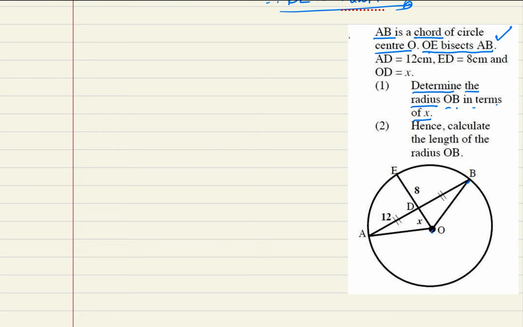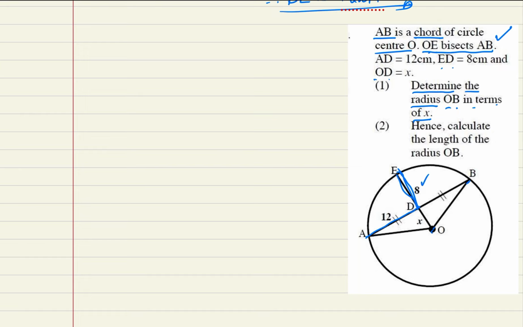But let's check something here. They said AD. Where is AD? AD is 12 units. Here is AD. Then we have ED, here. Sorry about that. ED is here. Then it is 8 units.